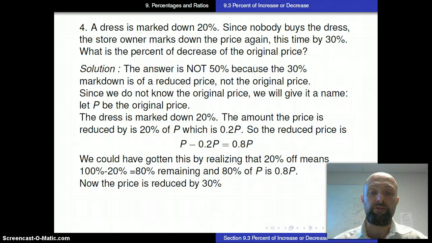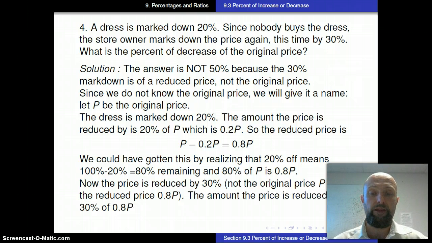Now the price is reduced by 30%. Notice that this is not 30% of the original price P, but 30% of the reduced price 0.8P. The amount the price is reduced by is 30% of 0.8P, which is 0.3 times 0.8P, which is 0.24P.